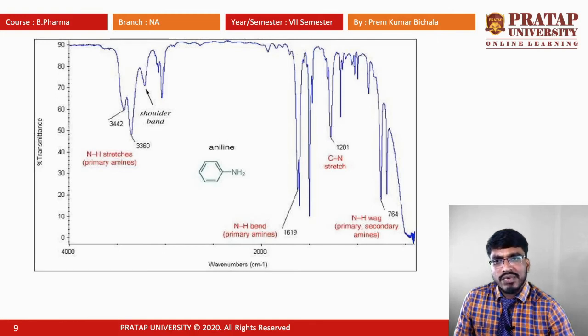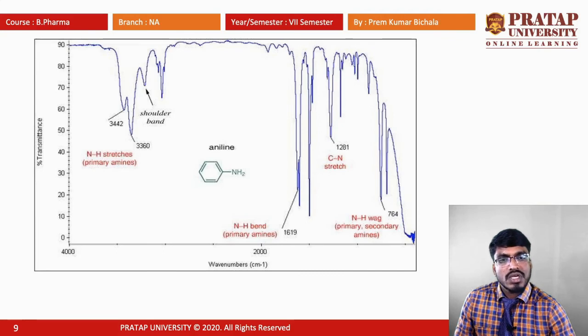The second one is aniline. Here in aniline we have an amine group along with a ring structure. So we should get 2 different bands for the amine, that is NH stretchings, which are absorbed in primary amines. At the same time, we can observe NH bending type vibrations at 1619 centimeter inverse, and also we can observe NH wagging.